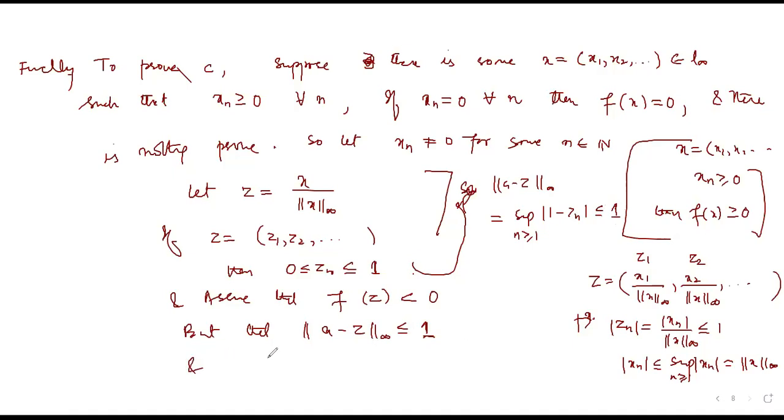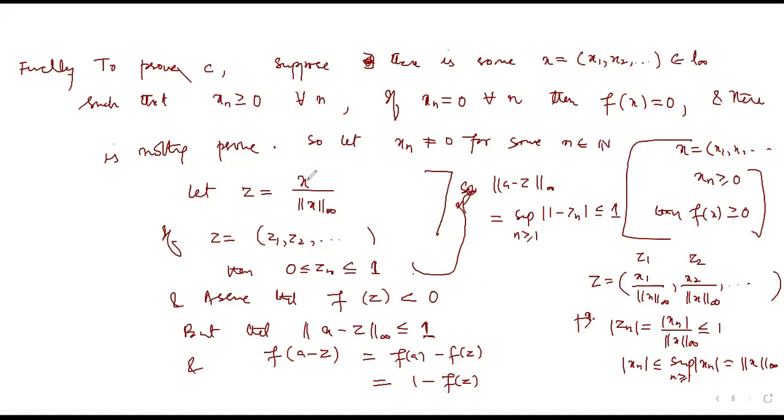And f of a minus z is equal to f of a minus f of z, right? Which is equal to 1 minus f of z. And remember this, what is f of z?